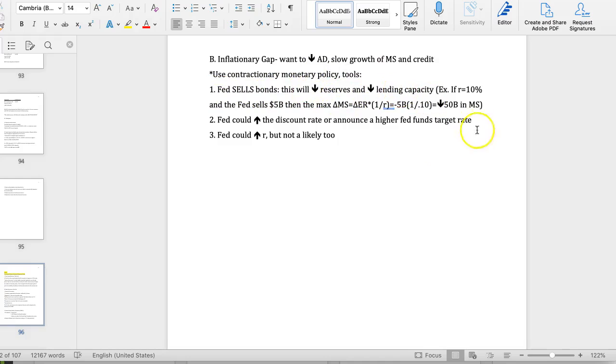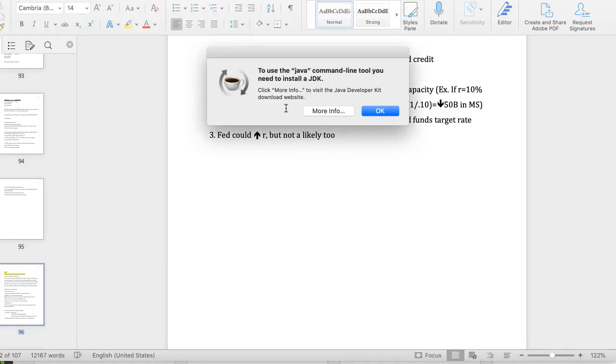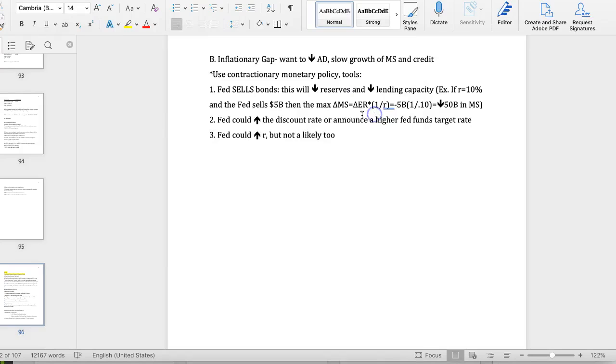All right. So example, if the required reserve ratio is 10% and the Fed sells $5 billion, sells them. So that means they're taking money away from the banks and giving them these bonds, right? It's an exchange. So they're taking money out of the banking system.